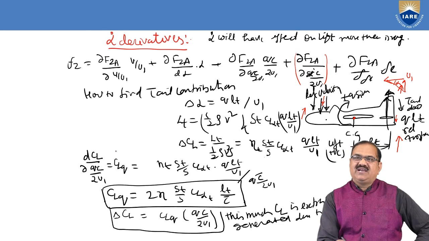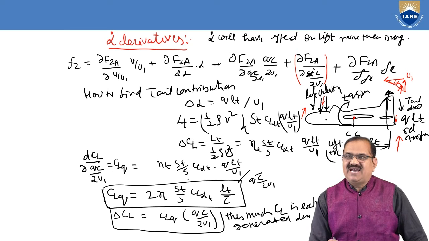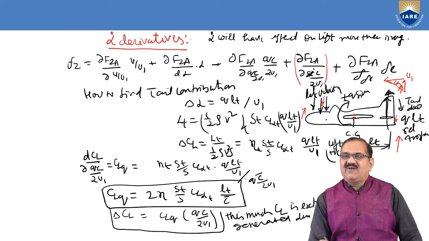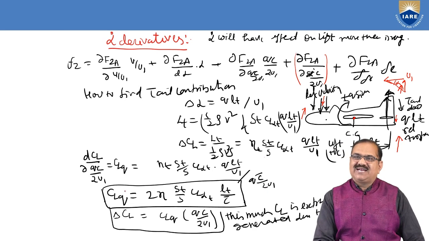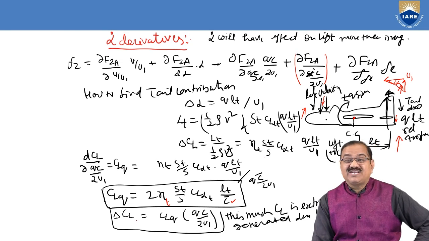Okay, so here dou CL by dou QC by 2U1 is called CLQ, and this CLQ is equal to eta T ST by S CL alpha T into QLT by U1 divided by QC bar by 2U1. So here you will get CLQ is equal to 2 eta T ST by S CL alpha T into LT by C. So delta CL is equal to, how do you get the coefficient of lift?